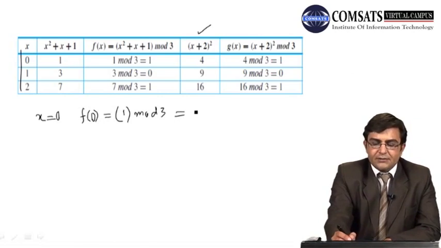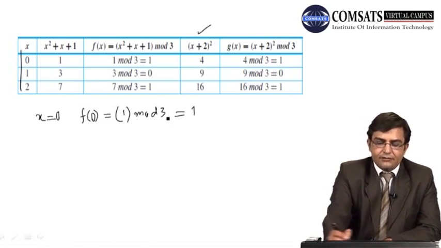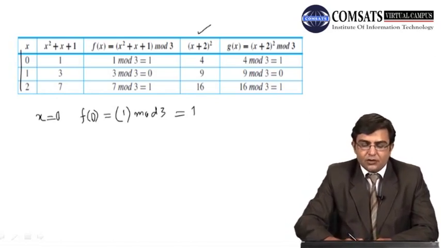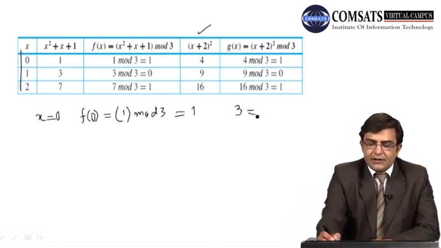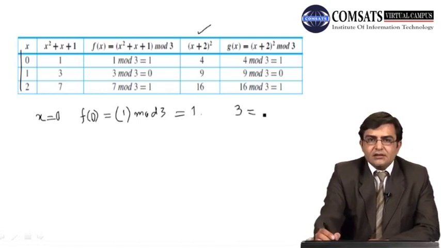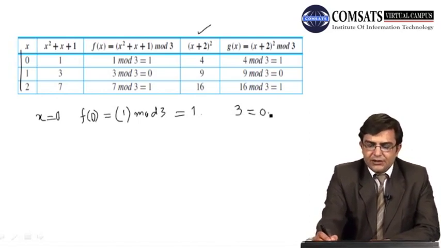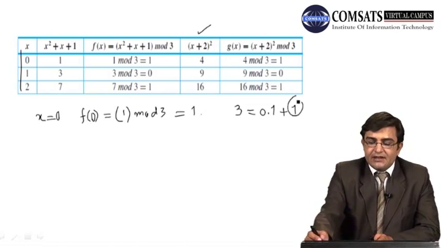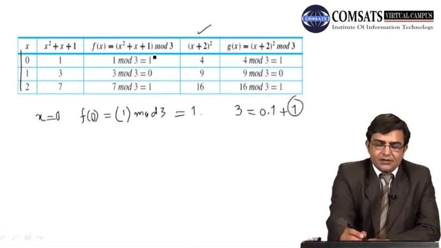So 1 mod 3 is basically 1, as if we divide 1 by 3, the remainder is 1, because 3 can be written as 0 into some integer, whatever it is, 1 plus 1. So when we divide 1 by 3, the remainder remains 1. So this is the remainder. So 1 mod 3 is 1.